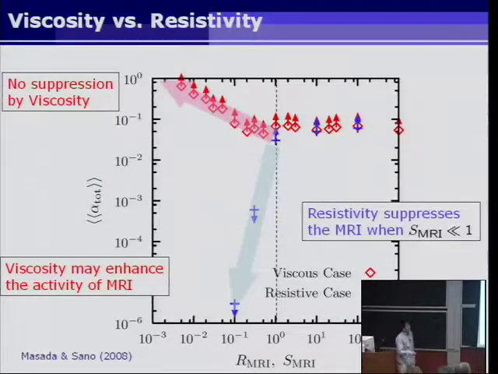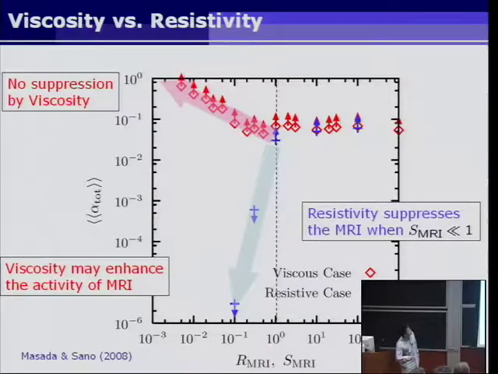This is the amplitude of the stress in the nonlinear phase as a function of the Reynolds number or Lundquist number. The blue is the resistive case. So if the Lundquist number is less than unity, then the amplitude is decreased by many orders.